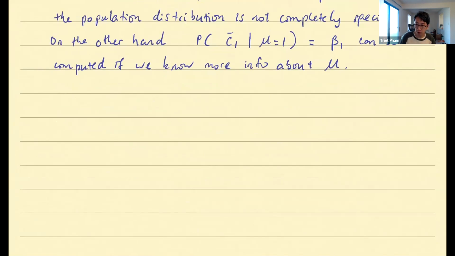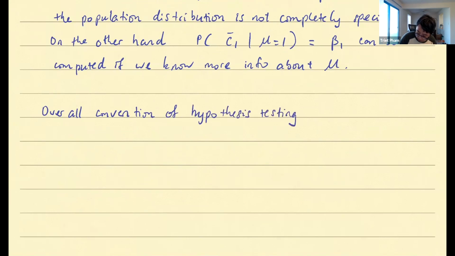Don't forget that our overall goal, the overall philosophy, or convention, of hypothesis testing is to restrict alpha to a small tolerance level and minimize beta.